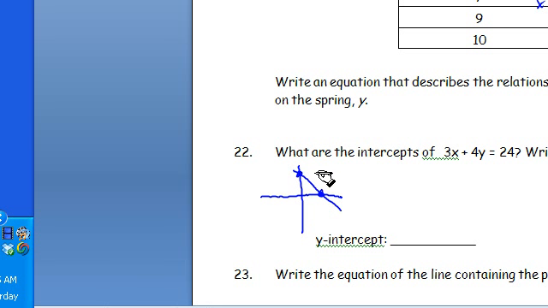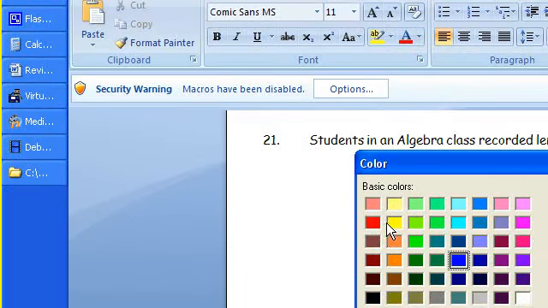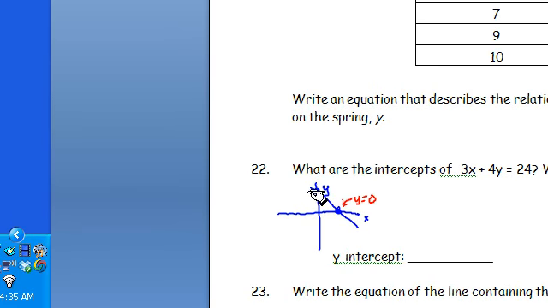So let's label these, x-axis, y-axis. We know that when a line intercepts the x-axis, the y value here is equal to 0. And we know that when the line intercepts the y-axis, the x value here is equal to 0.